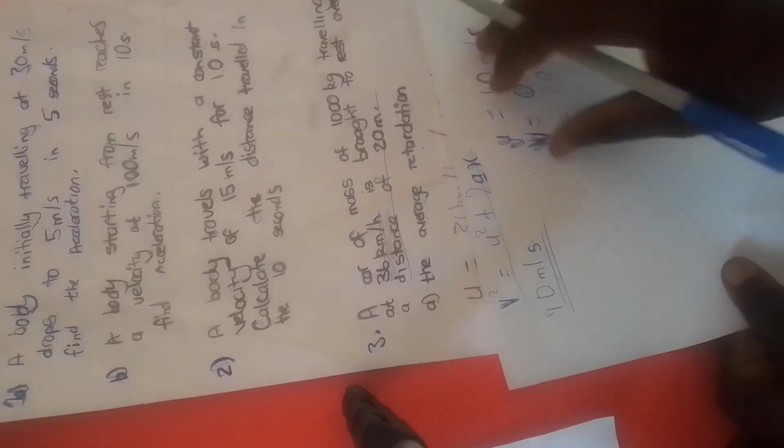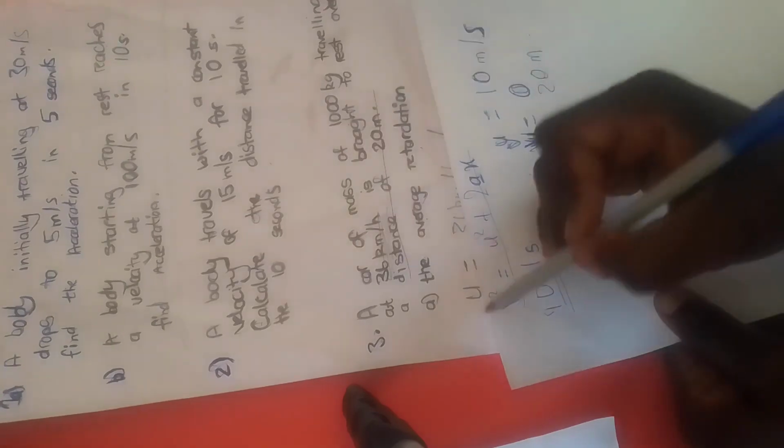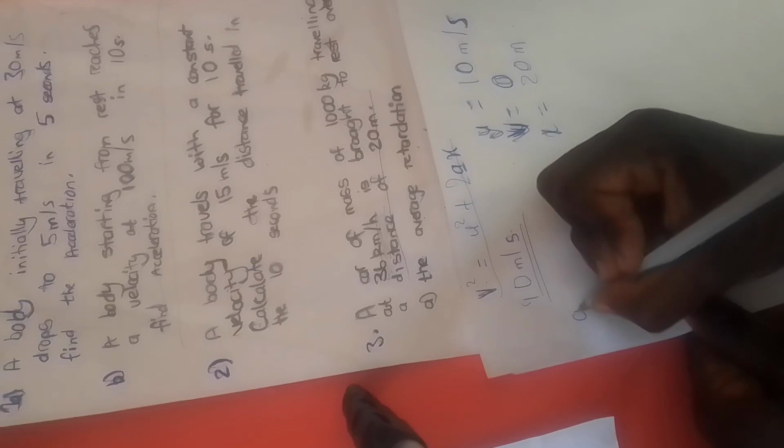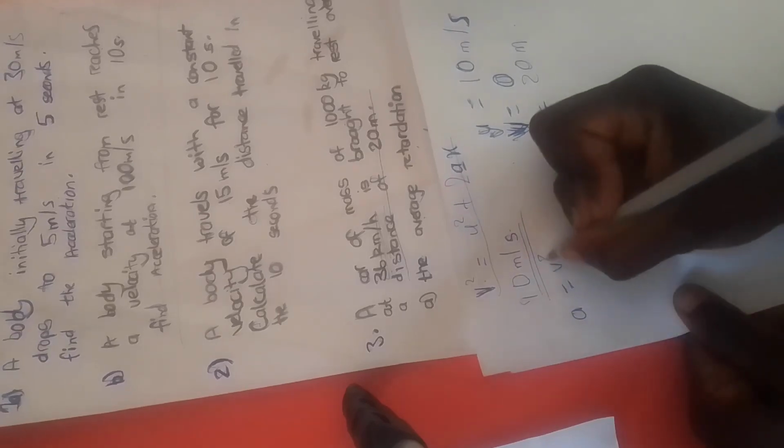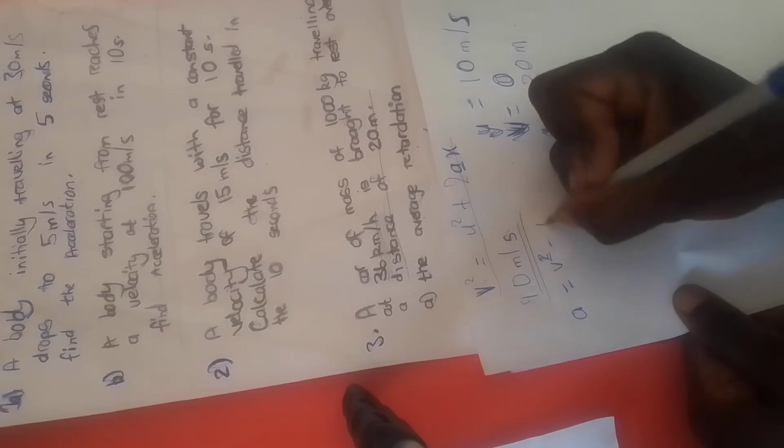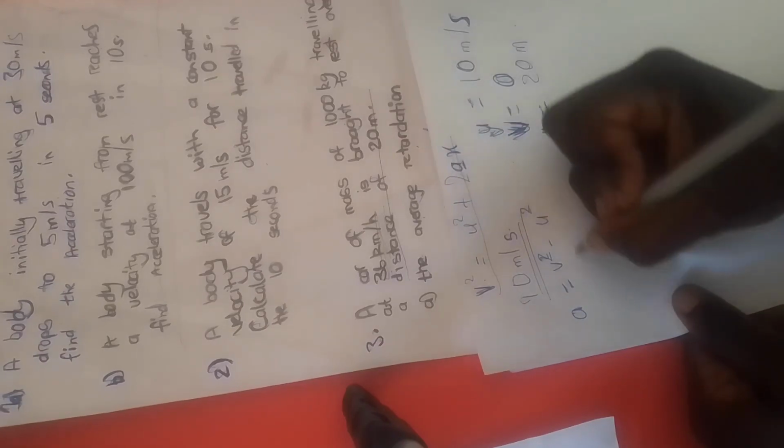So deceleration is just acceleration with a negative sign, right? Okay, so if we make a the subject of the formula, we're going to end up with a is equal to v squared minus u squared over 2x, x which is the displacement.